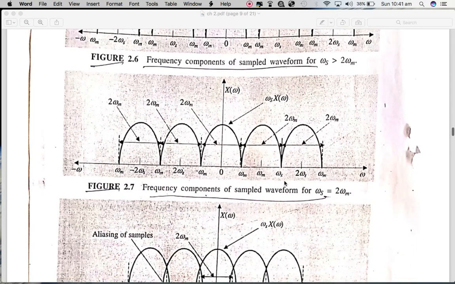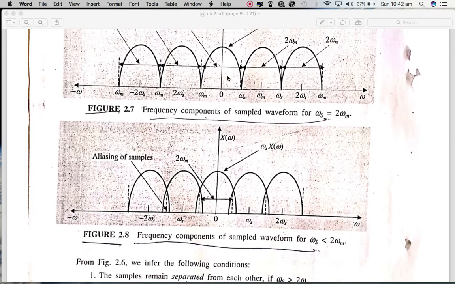While if the sampling frequency is equal to twice the maximum frequency, then we have this kind of demonstration in which the information is also safe and no semicircle is interfering with any other semicircle.